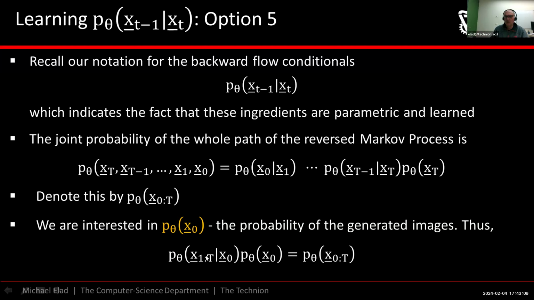It is equal to the probability of the whole path given x0 times the probability of x0. This is strange because it is anti-causal, in the sense that it was not created this way. It's not that x0 created the path. In fact, x0 is the outcome of the path because we started from xT. But in terms of math, this is valid. We can write it down.